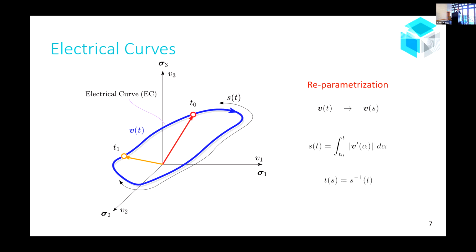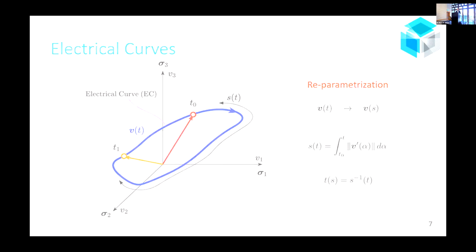The definition is given by the following expression. So we integrate the velocity of the curve, and we obtain the arc length. As we can see, s as a function of t indicates how far the curve has been traveled when the parameter t varies, while t as a function of s indicates how much time has elapsed when a certain distance has been traveled along the curve.